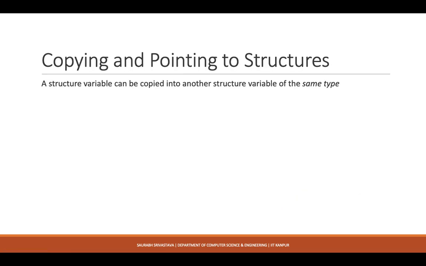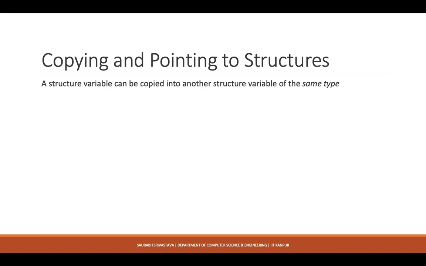So one more thing that we have to discuss is copying and pointing to structures. A structure variable is very similar to any other variable that you use, int, char, float, double kind of variables. One structure variable can simply be copied to another structure variable. You can do that by simply doing the assignment, right?